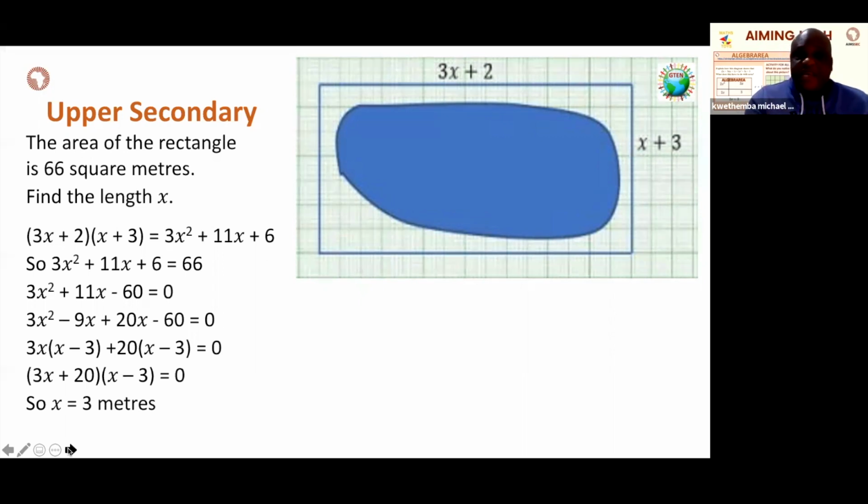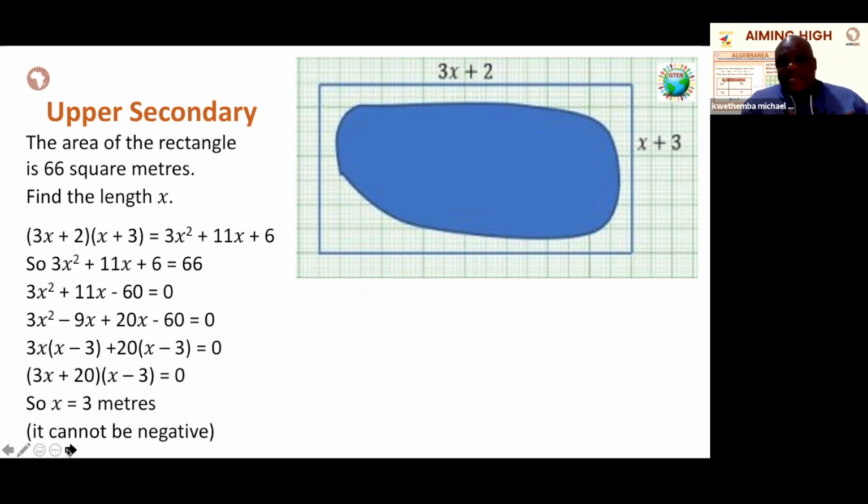At this level, they are able to equate one factor to 0 and solve for the unknown variable. In this case, we will find that there are two solutions, but because they are conscious that we are dealing with dimensions of a rectangle, and a dimension can never be a negative value, one of those possible solutions we throw away because of the nature of the question. So x equal to 3 is the only solution in this case.